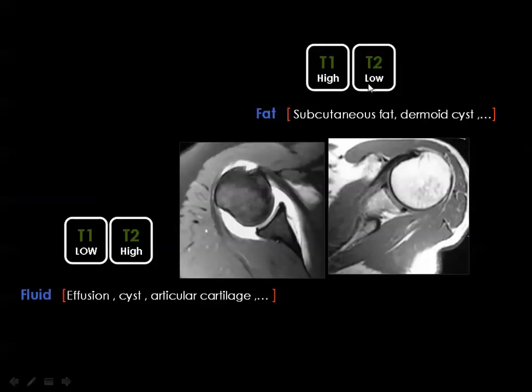High signal in T1 and low signal in T2 is fat, and fat is present subcutaneously and also in the bone marrow. The opposite, the fluids, will show the opposite appearance to fat, being of low signal in T1 and high signal in T2. Fluids are represented by effusions, cysts, ganglia, and also the articular cartilage, which contains water.